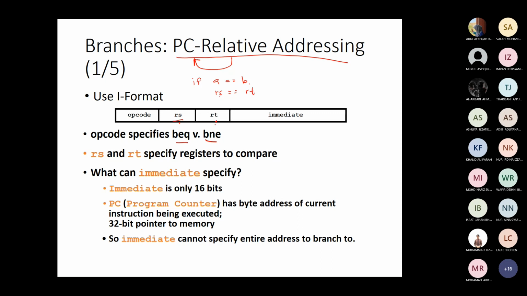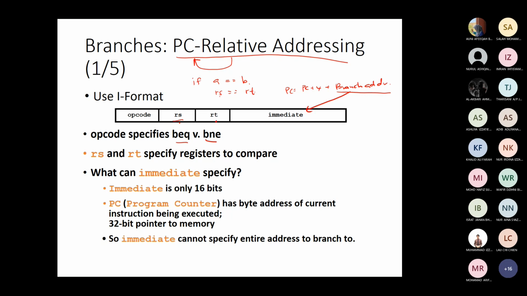Okay, let me continue. What can the immediate specify? The immediate is only 16 bits, right? So remember when I said if RS is equal to RT, it means PC is equal to PC plus 4 plus branch address. The branch address here is the immediate.